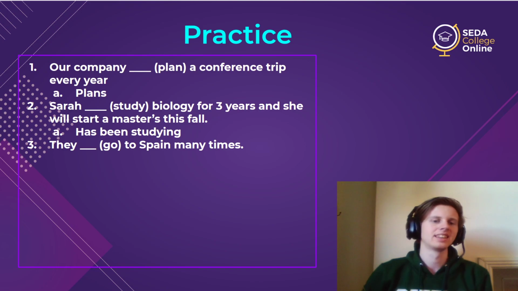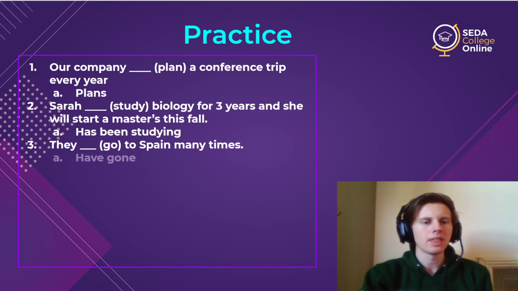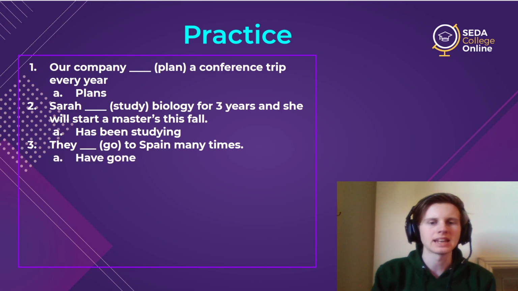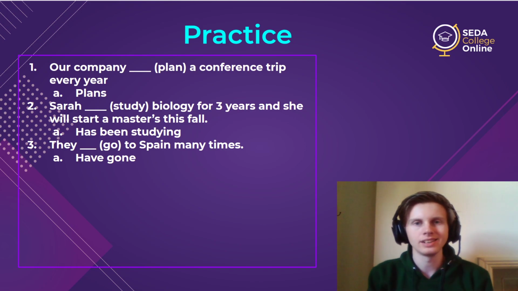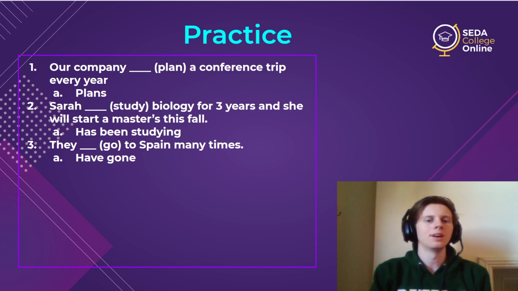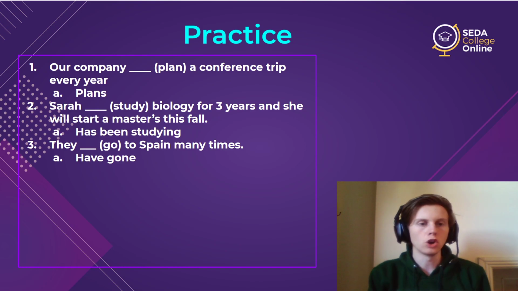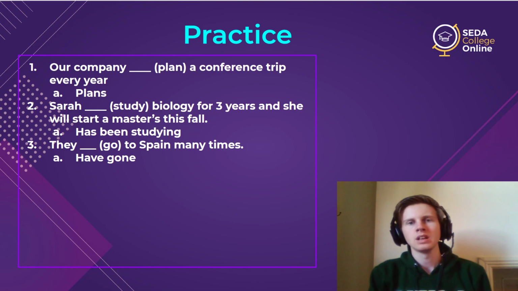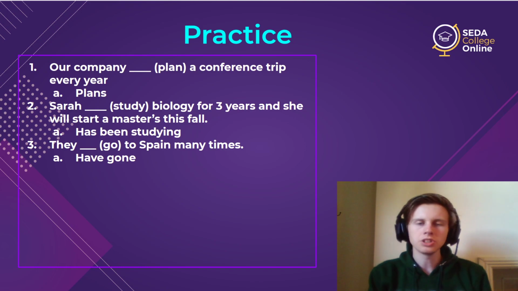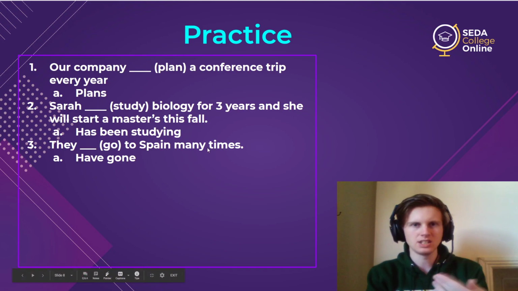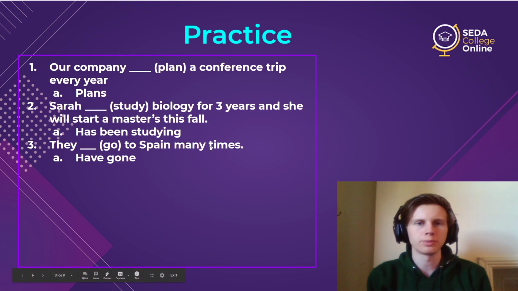Let's check. So they have gone to Spain many times. So now we've got an experience. We can't use the present simple here. You might think they go to Spain many times, but it is not good to use the present simple here. Even if it happens again and again and again, it's an experience.